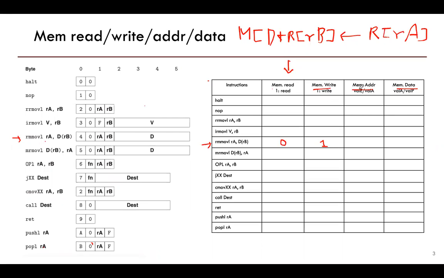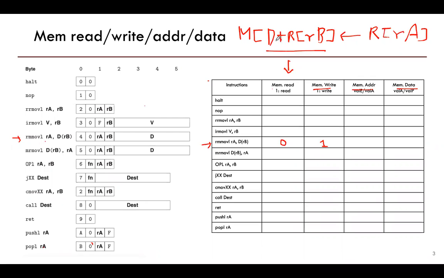Okay, and then address. So then we should know where the address comes from. Here the address is this one, right? D plus the register value of RB, but it should be computed, right?